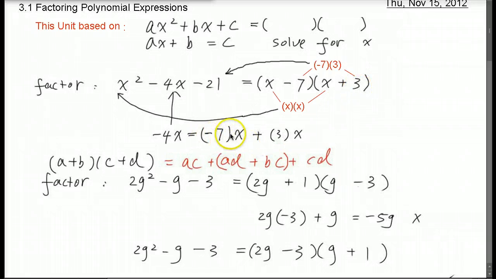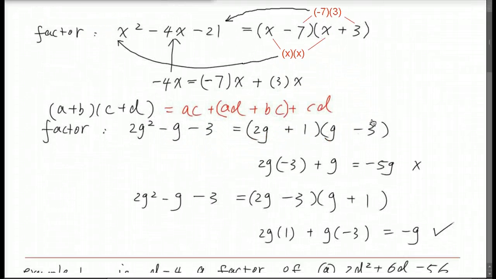Do they combine and equal negative 4x? If yes, then you did the right order. Otherwise, you switch these two.